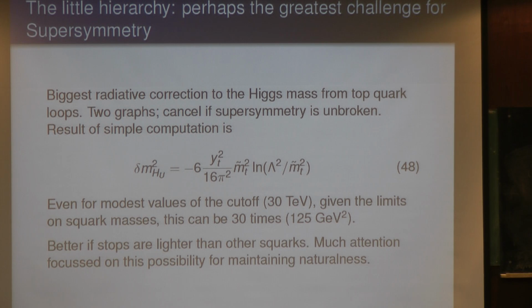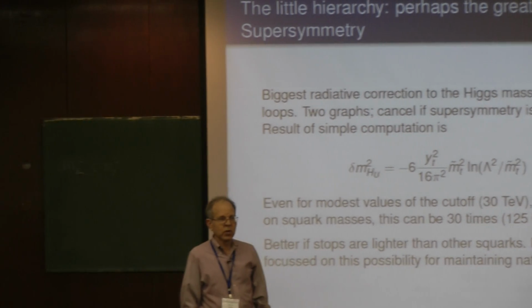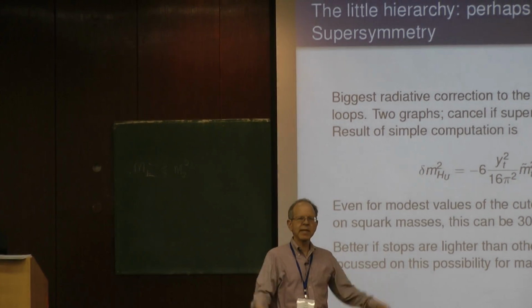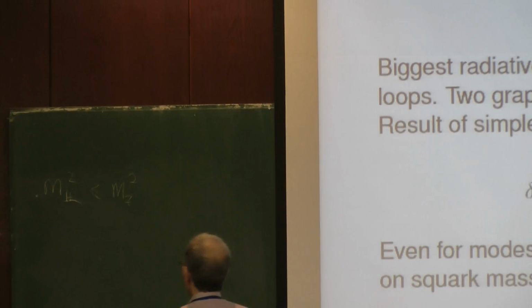And that upper bound says that mh squared is less than or equal to, I actually don't know if it's well, it doesn't really matter, we'll put less than or equal to mz squared. Okay, so you asked if the MSSM is ruled out, and the answer is yes. Okay? So, but not quite.